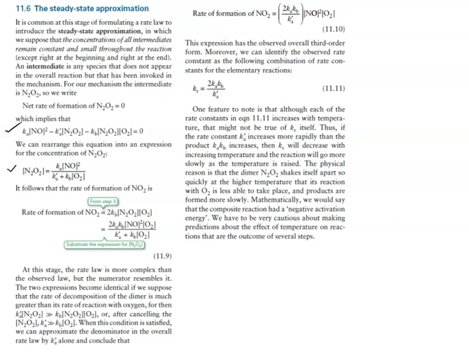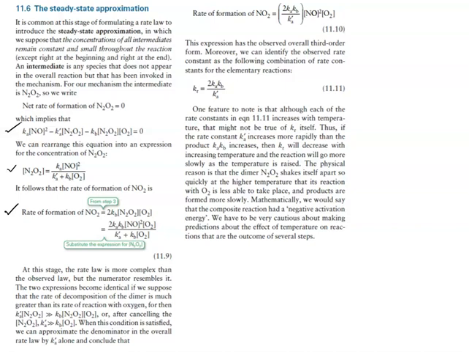It follows that the rate of formation of NO2 is the following. At this stage, the rate law is more complex than the observed law, but the numerator resembles it. The two expressions become identical if we suppose that the rate of decomposition of the dimer is much greater than the rate of reaction with oxygen.